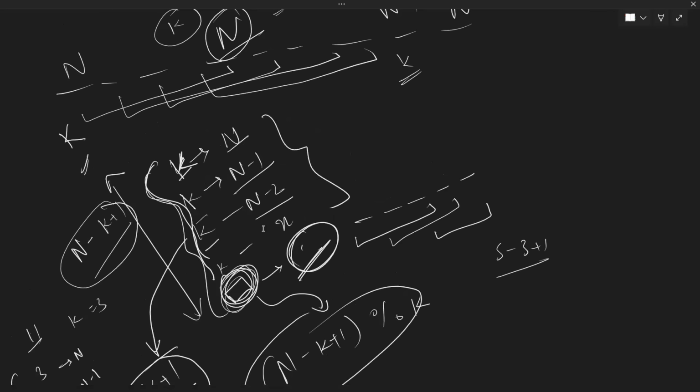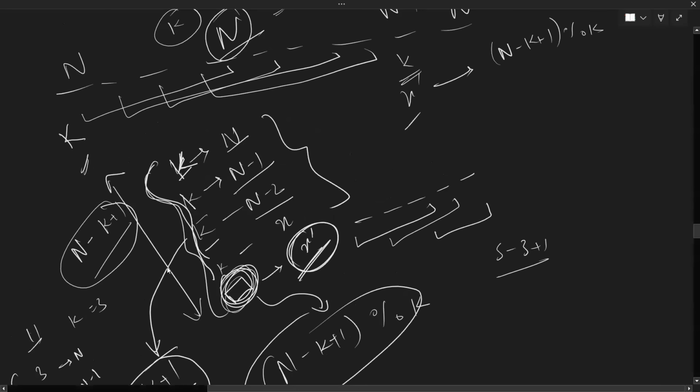X dash is maximum for less than k, which is basically n minus k plus 1 modulo k subarrays, right? So for this, the position is fixed. I cannot say this is my arrangement, right?